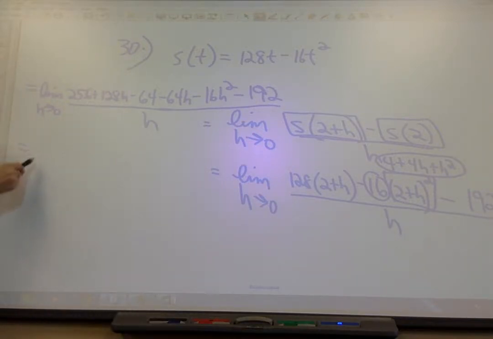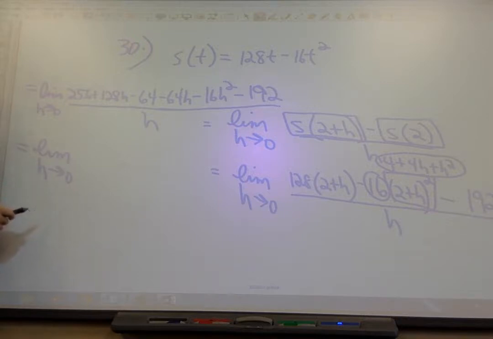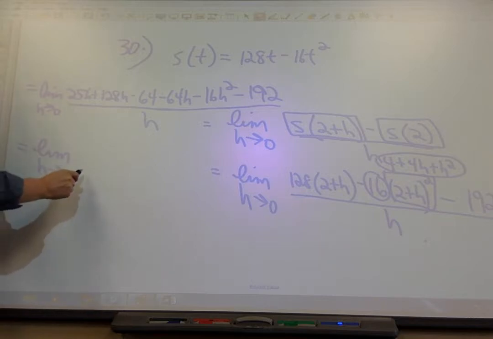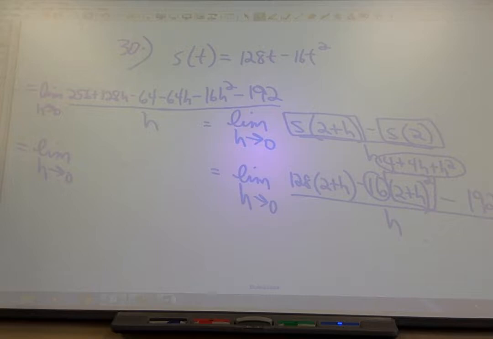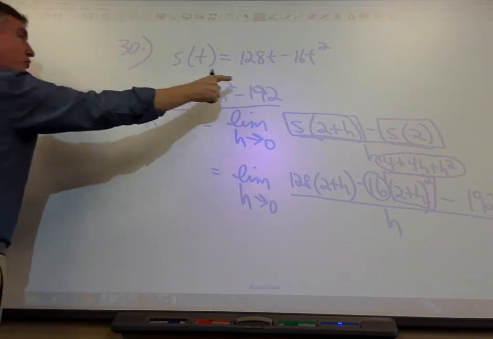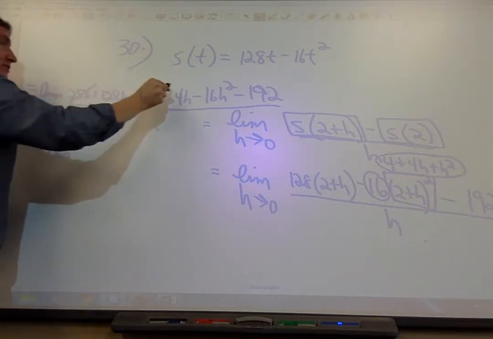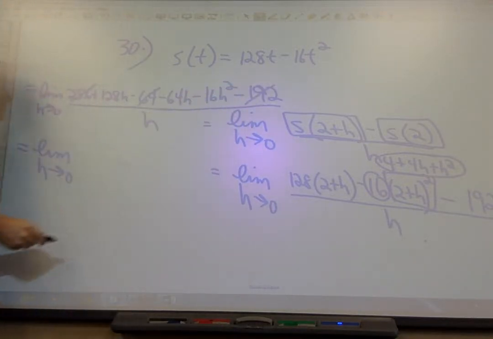The next step is going to be fun because I can simplify a lot. Once I distributed all that out and I got this, what do you see? Do you see that we've got 256? Well, look at this. Minus 64 minus 192. Don't those cancel out? 256 minus 64 minus 192 is 0. That's great.